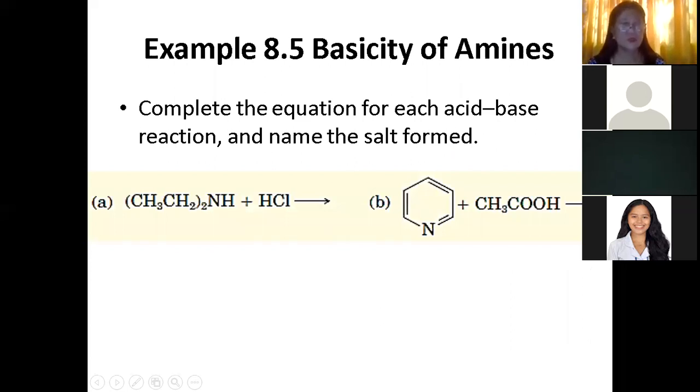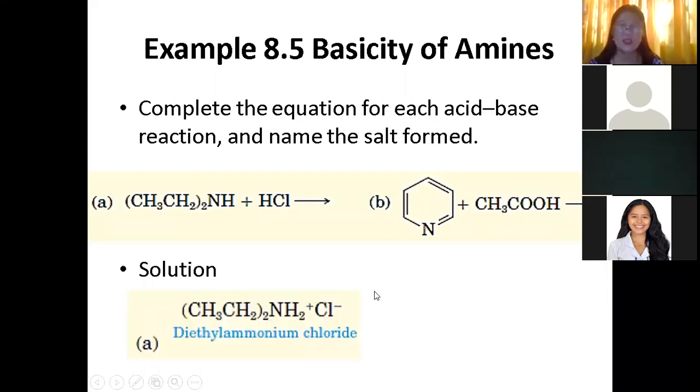So here are some examples for the reaction with HCl. What will happen here? Of course, this will form a protonated one. Your hydrogen here will add up to this, and it will be in the form of a cation, and your chlorine will be in the form of an ion.